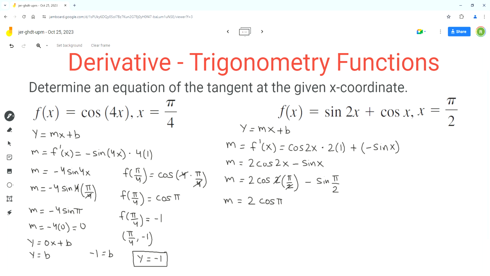So we are left with 2 cos pi, and then sine of pi over 2 is equal to 1. Now cos pi is equal to -1. So 2 times -1 is -2. So the m value is -3. So that's the slope of the tangent, and we can sub in this m value in the general equation.